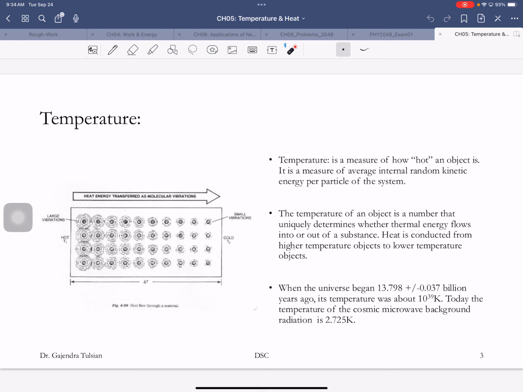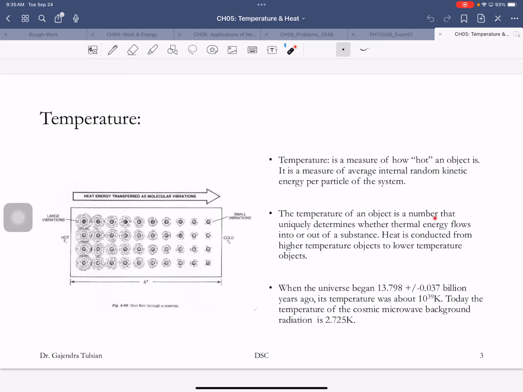Take the temperature of this eraser. The temperature tells you the random kinetic energy. Now, if I move this eraser like this, did its temperature change? So the external kinetic energy does not affect the internal kinetic energy. So it's a measure of the average internal random kinetic energy per particle.